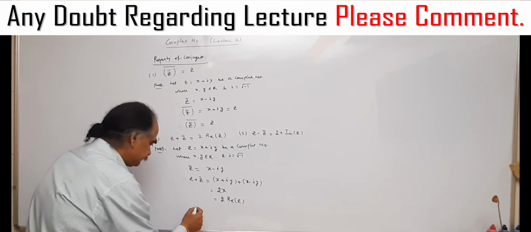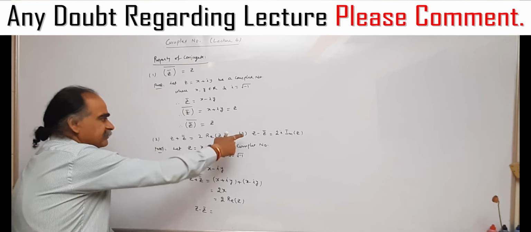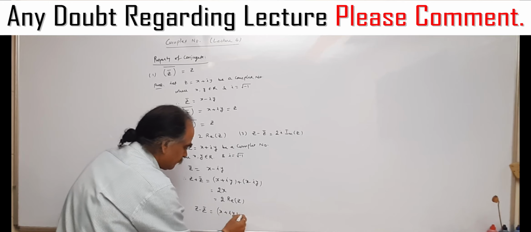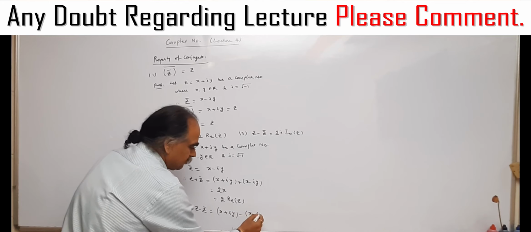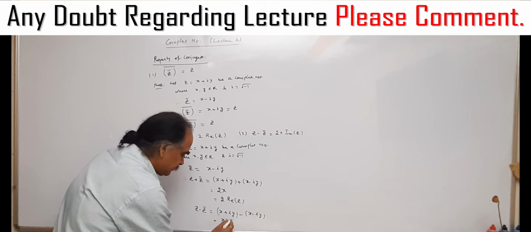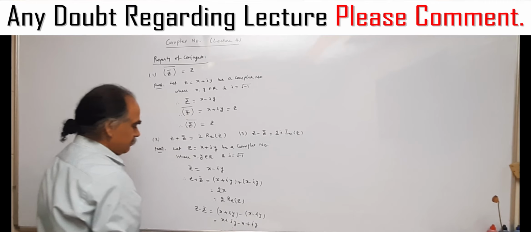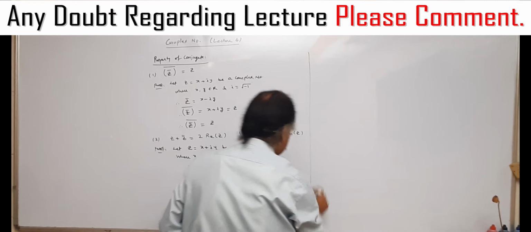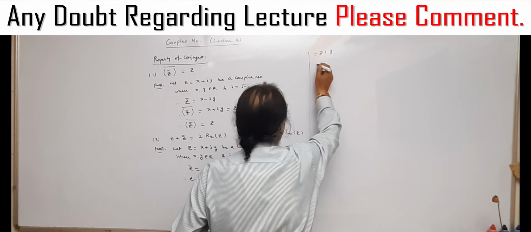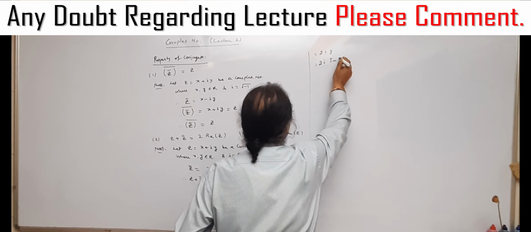And the second one is z minus z conjugate, the third one. x plus iy minus z conjugate, which is x minus iy, will give you x plus iy minus x plus iy, which gives 2iy, and y is the imaginary part of z.